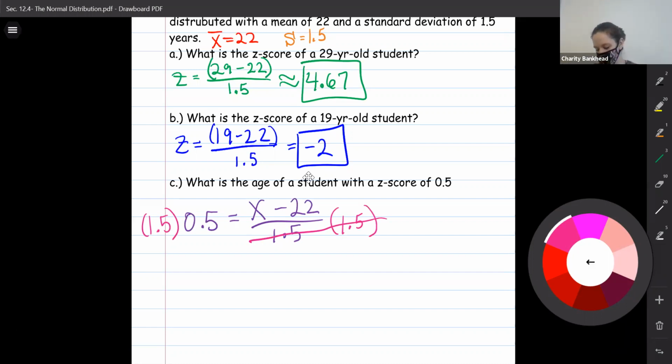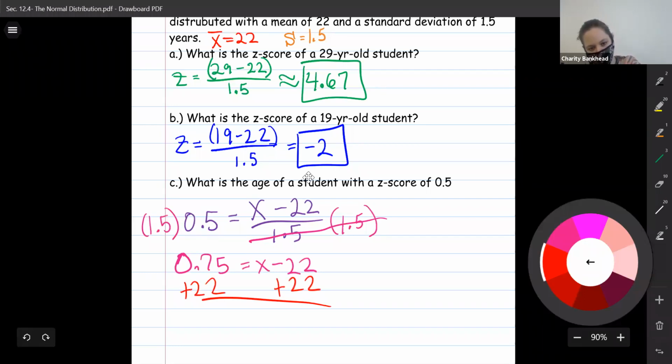So 1.5 times 0.5 equals 0.75. So 0.75 equals x minus 22. So then just add 22 to both sides. So 22.75 years of age equals x.